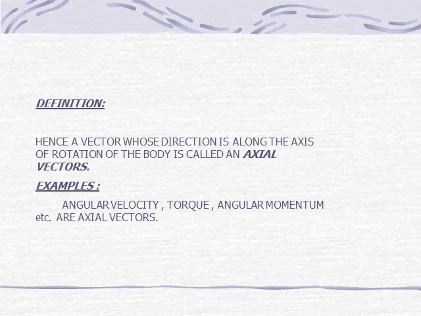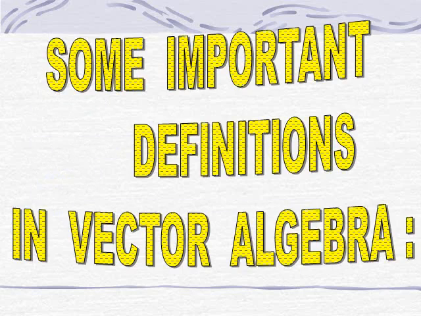So we can say that a vector whose direction is along the axis of rotation of the body is called an axial vector. For example, angular velocity, torque, angular momentum, etc. are the axial vectors. Now let's learn about some important definitions in vector algebra.